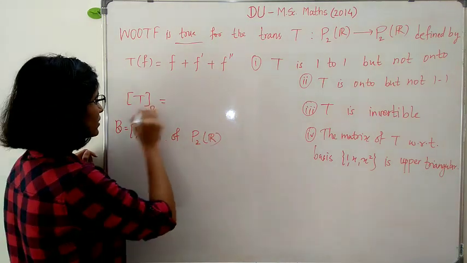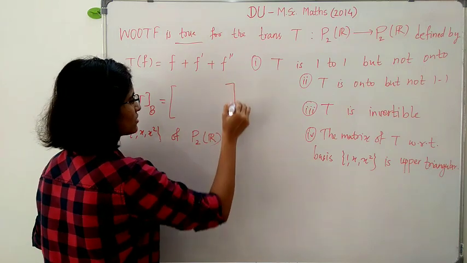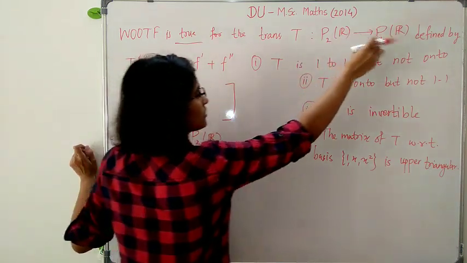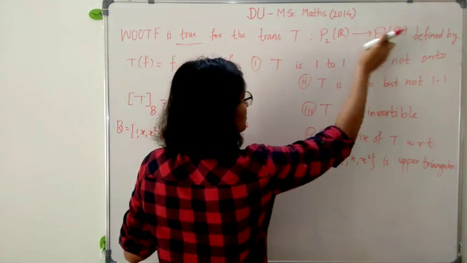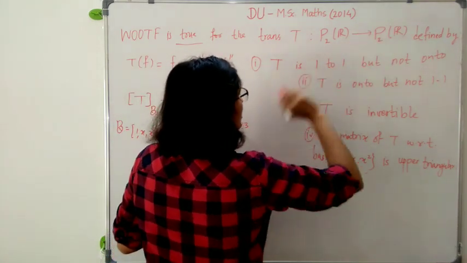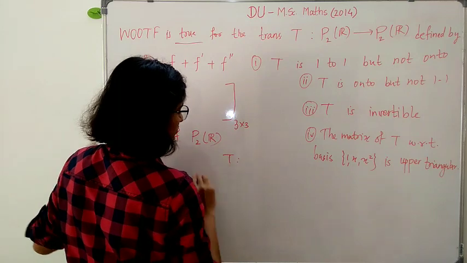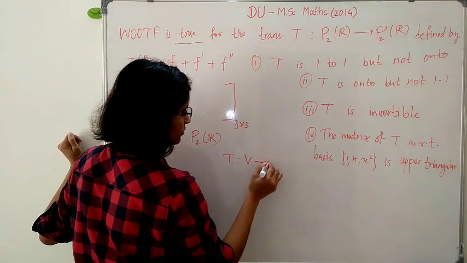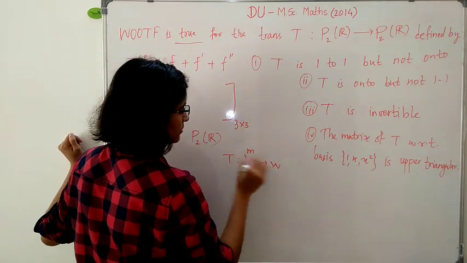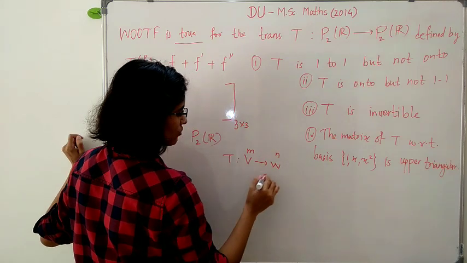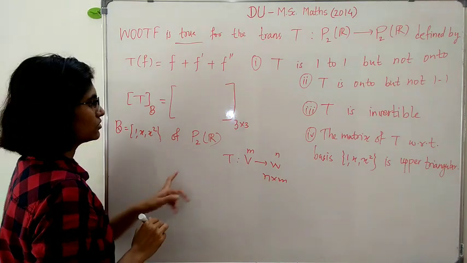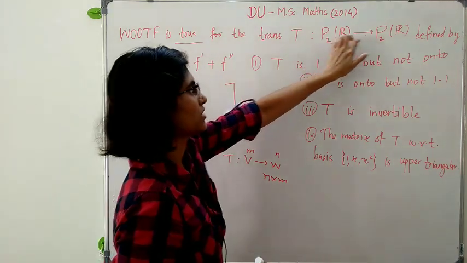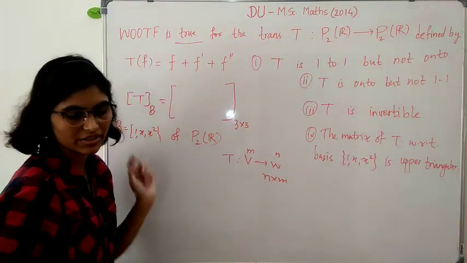So this matrix is of size 3 by 3. That means you take the dimension, and if T is from V to W, with dimensions m and n, then the matrix of T is of size n by m, right? So here it is just of dimension 3, so it is of size 3 by 3.